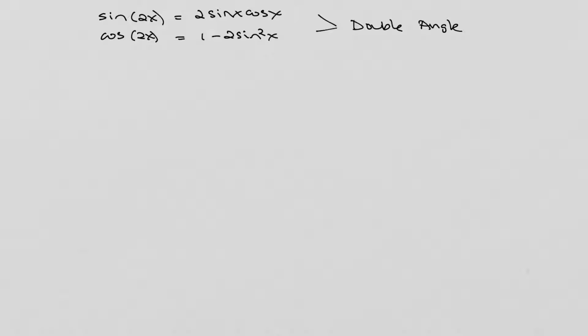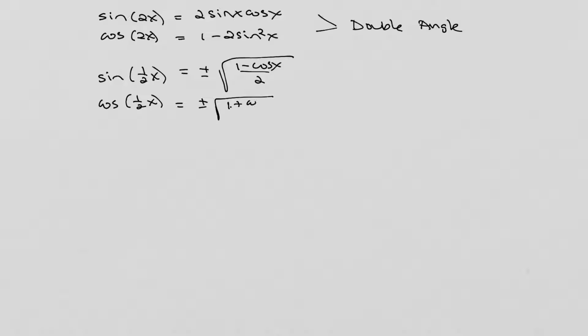Then the half angle formulas were sine of 1/2 x and cosine of 1/2 x. That was plus or minus the square root of 1 minus cosine of x over 2, and this is plus or minus the square root of 1 plus cosine of x all over 2. Those two, again, are called the half angle formulas, because we're multiplying them by a half.